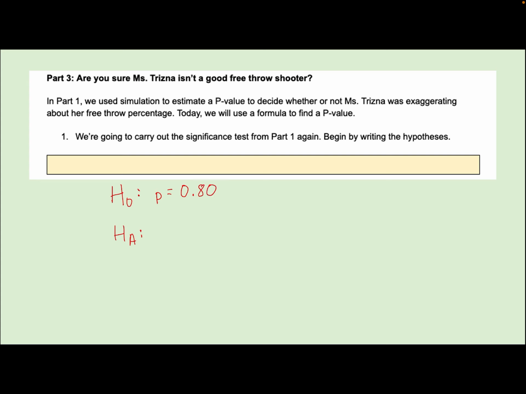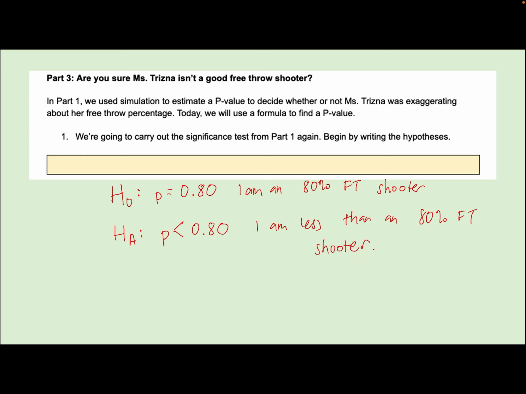My claim is accurate. Our alternative hypothesis is that I am actually less than an 80% shooter, that my claim was a lie, an exaggeration.